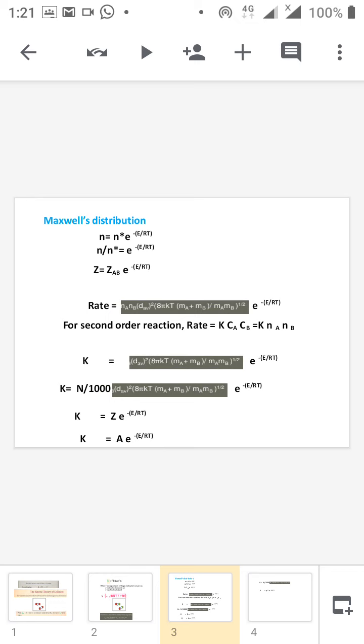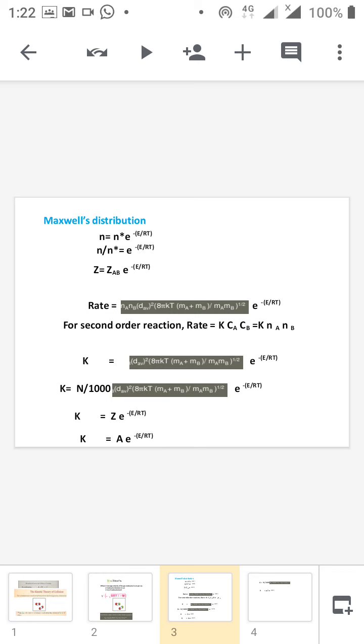So K is equal to D average square into 8 pi RT into (MA plus MB) divided by MA MB, whole raised to half, into e to the power minus E by RT.